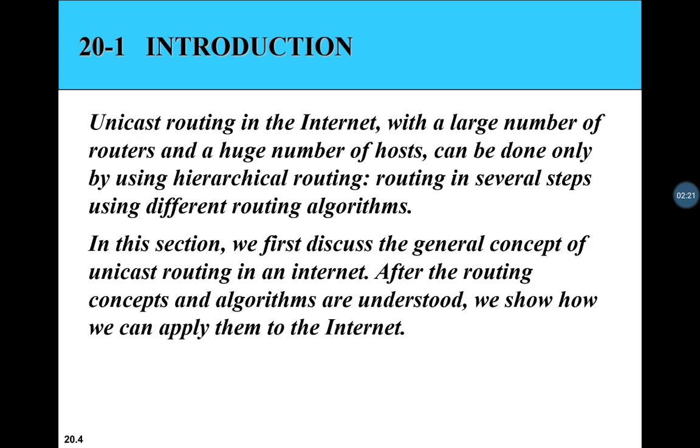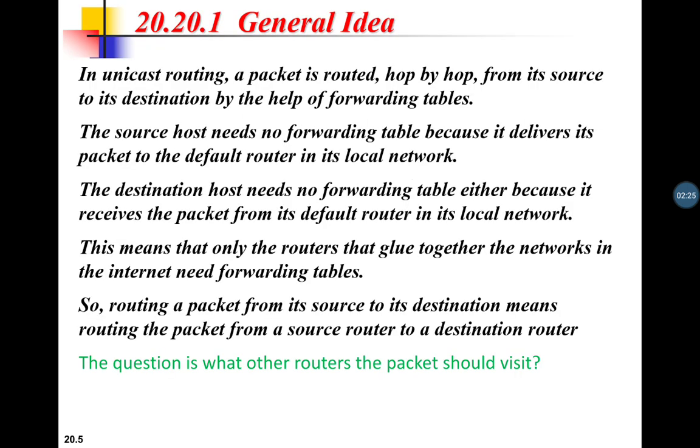And in Unicast routing, the packet is routed hop by hop from the source to the destination with the help of forwarding tables. Already we had studied about the forwarding tables. These are the switching tables or the routing tables.